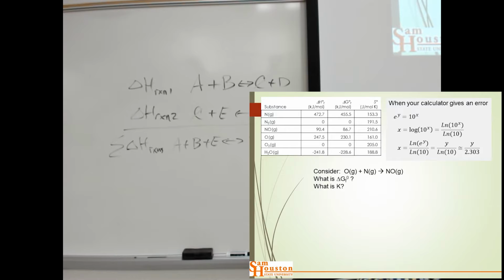So let's calculate delta G of formation. We have NO here, that's our product, and so we have 86.7 positive. And we subtract our reactants, minus 230.1, and that was oxygen, and the nitrogen's up here, minus 455.5.